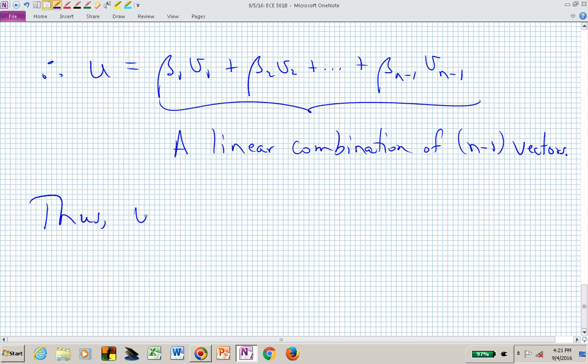In other words, u is now in the span, or is contained in the span, of those n minus 1 vectors v1 through v sub n minus 1.